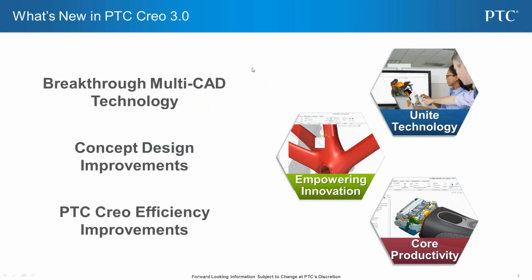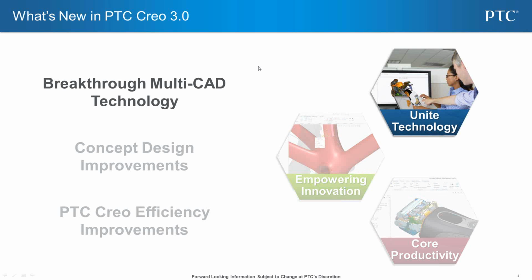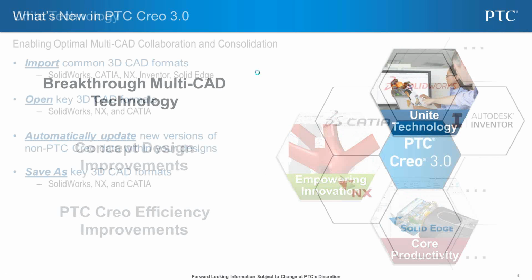I'll spend quite a bit of time talking about Unite technology, what it is, and how that can benefit yourselves. Secondly, I want to talk about improvements we've made in concept design, whether it be 3D concept design or 2D concept design. And then finally, I'll go on to some efficiency and productivity improvements we've made in the Creo suite. So to begin with, let's take a look at Unite and the multi-CAD capability.